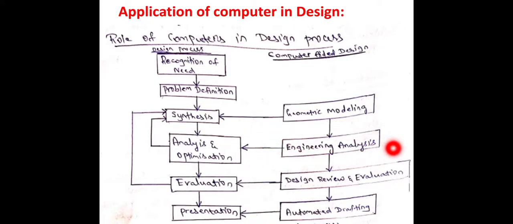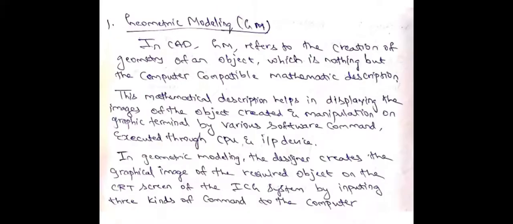In the next semester you have another lab wherein you will learn the simulation, how the product has to be manufactured, and you can see the simulations of how the process is taken care of. This comes under design review and evaluation. That package is called CAM software. Finally, the presentation is done through automated drafting. Now let us see one by one.